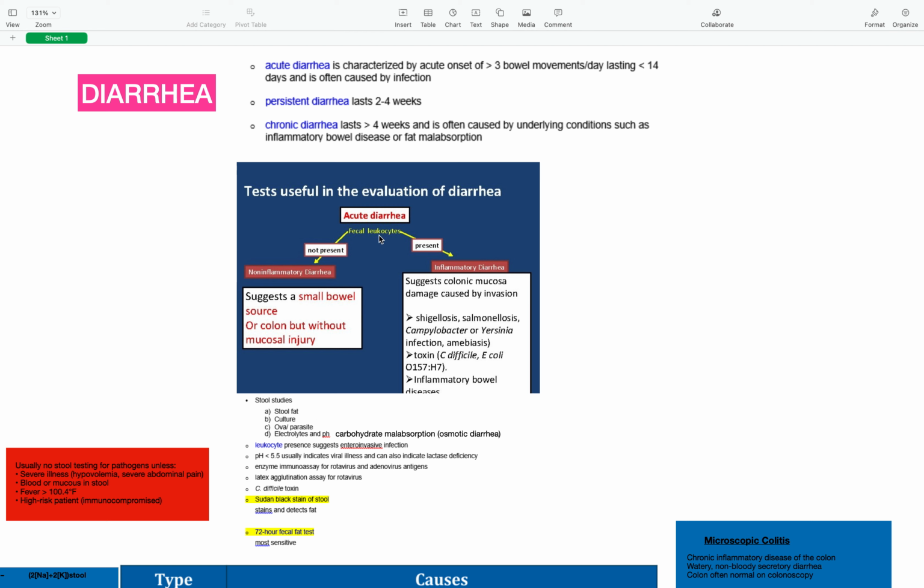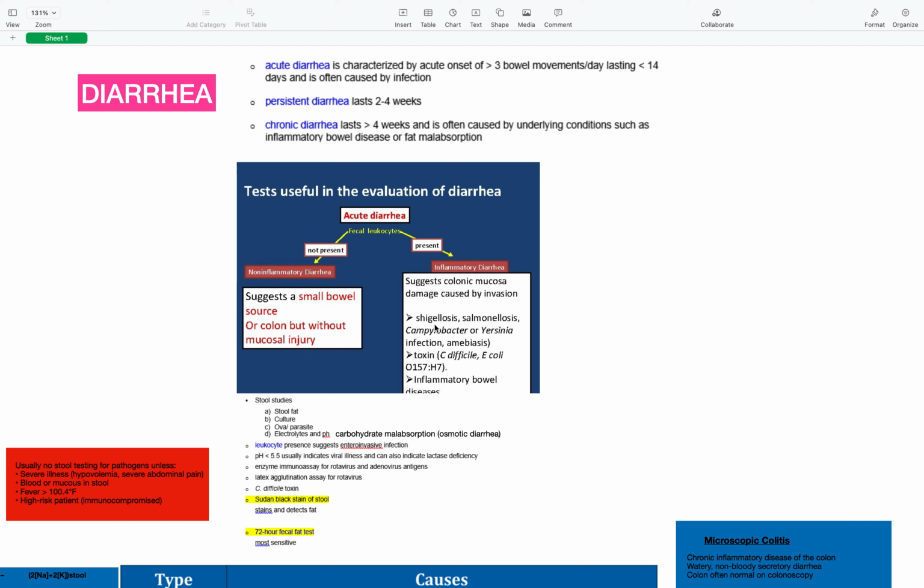If the patient has no fecal leukocytes, then that's non-inflammatory diarrhea, and that suggests a small bowel source or colon but without mucosal injury. If there is fecal leukocytes, that means it's an inflammatory diarrhea, meaning that there is a bug that may be causing invasive damage to the colon.